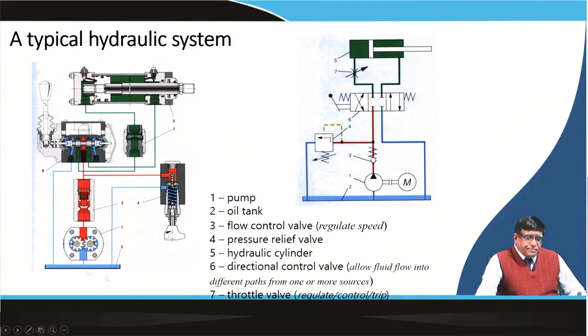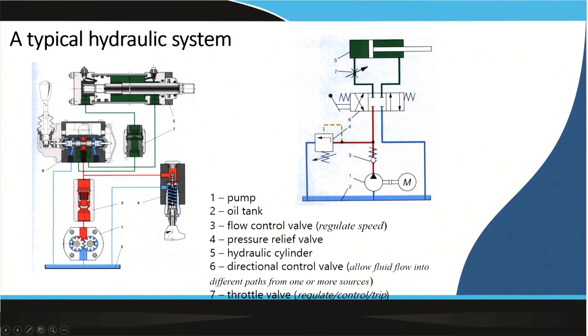You have an oil tank here. From that oil tank you can see this is the symbol of a pump, a gear pump. There the fluid is pressurized, and this pressurized fluid goes through a flow control valve, which regulates the speed. Then there will always be a pressure relief valve to control the fluid flow, and then the main directional control valve, which changes which direction the fluid will go.